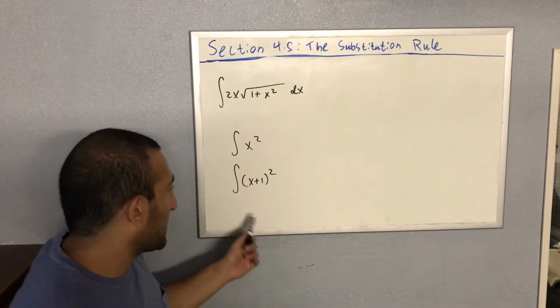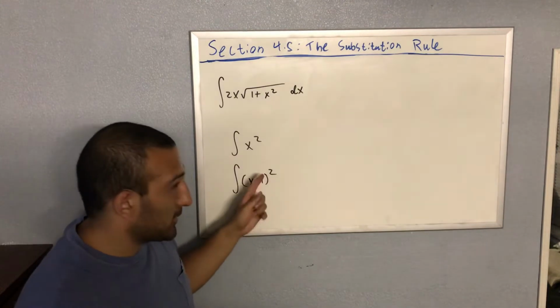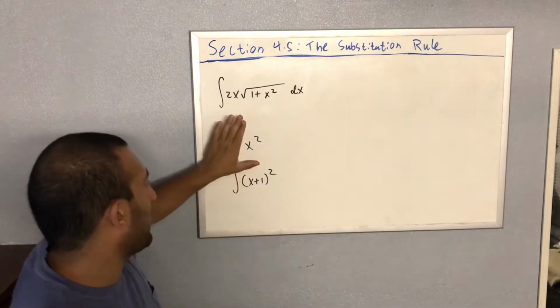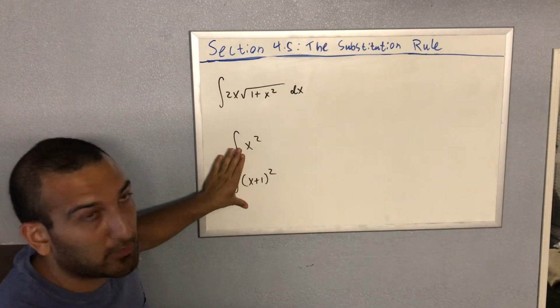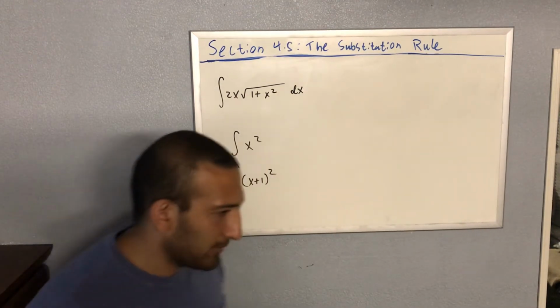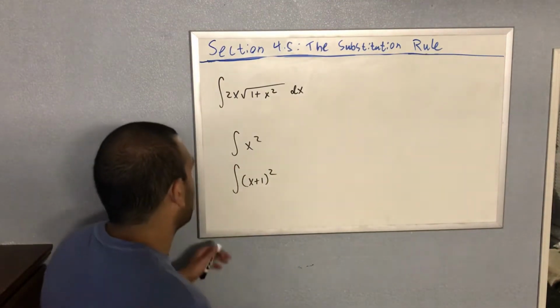That's a very valid question. And you may start to think, hey, this is kind of like the chain rule. I know how to take the derivative of x squared, but how do you take the derivative of x plus 1 squared? You needed the chain rule to do this. So this is kind of a similar idea.